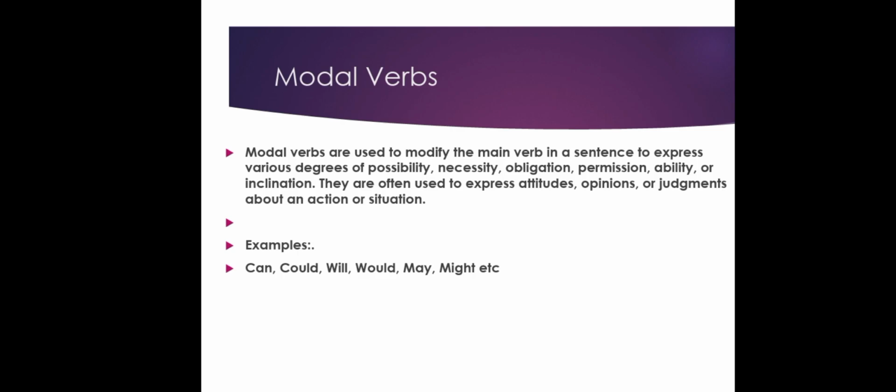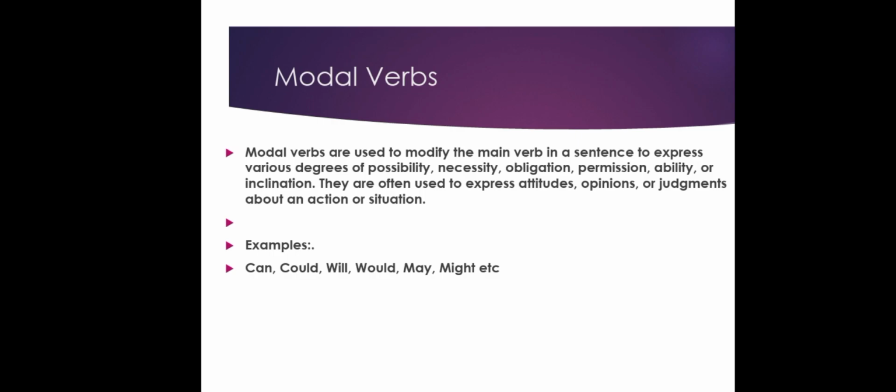Modal verbs are used to modify the main verbs in a sentence to express various degrees of possibility, necessity, obligation, permission, ability, or inclination. They are often used to express attitudes, opinions, or judgments about an action or situation.